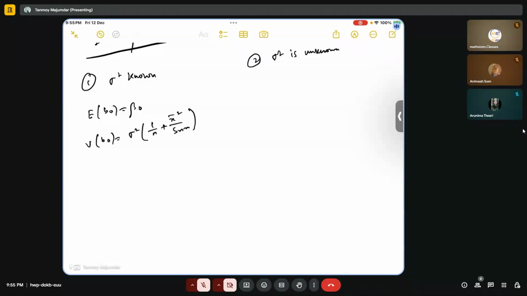So in that case our z will be equal to B naught minus beta naught, suppose we are considering the null hypothesis beta naught equals beta naught naught, divided by the root of sigma square times (1 by n plus x bar square by Sxx).